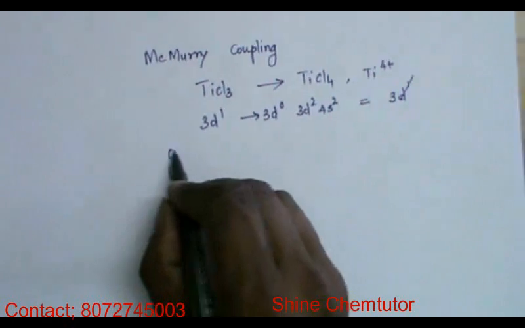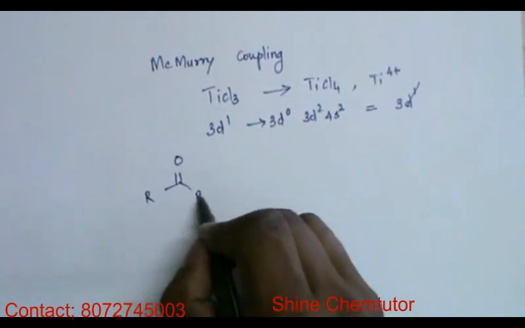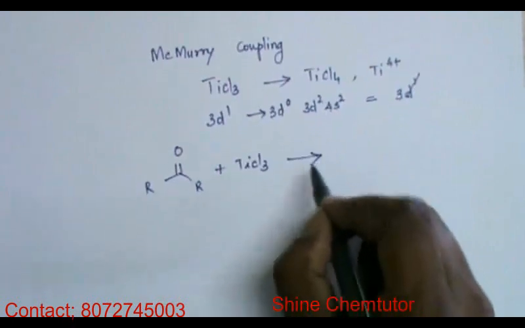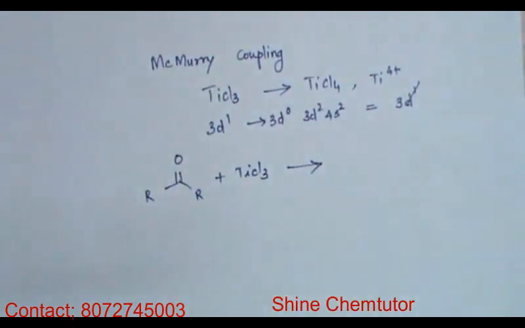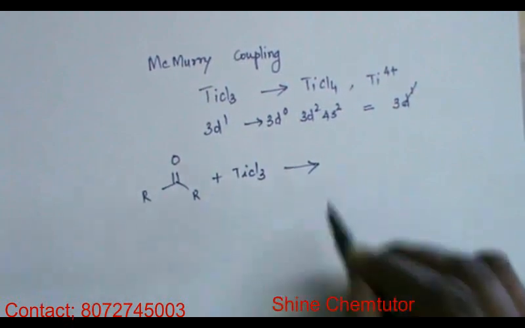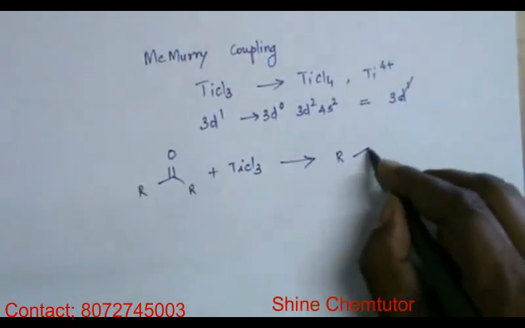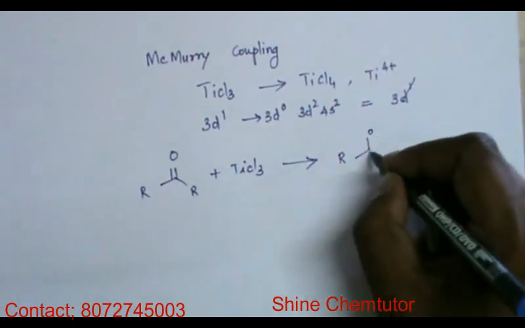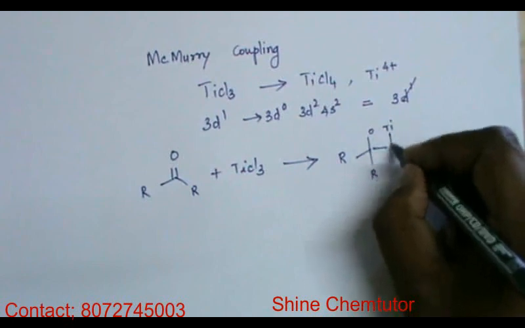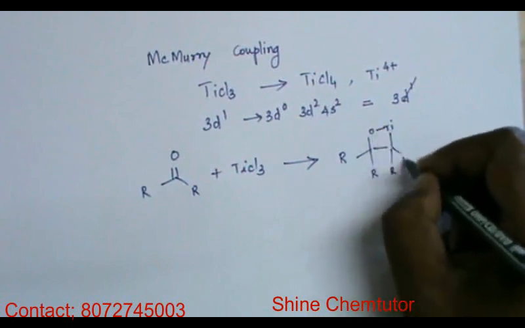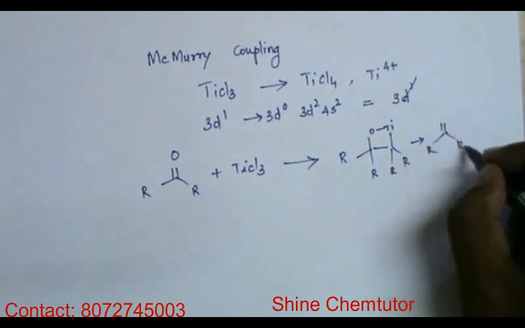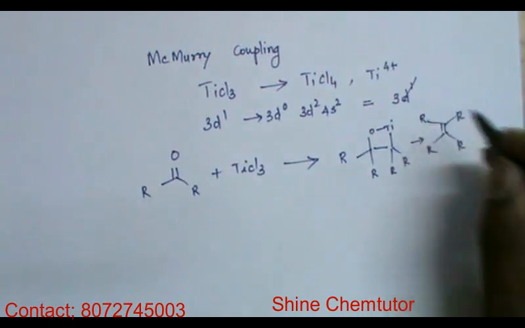In this, the ketone is treated with titanium trichloride. Sometimes they go for titanium tetrachloride with a reducing agent like zinc. When you go for this, the product we get will be an alkene.